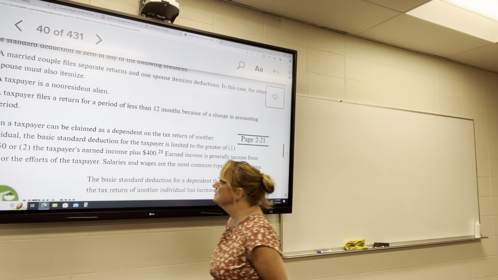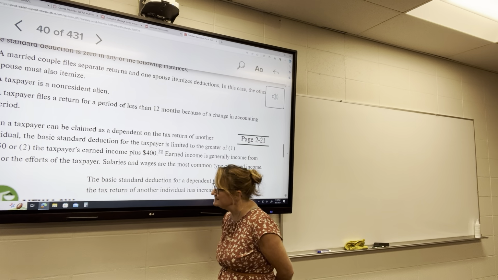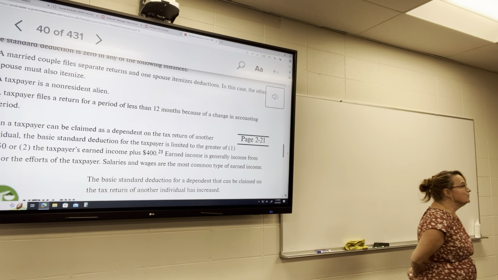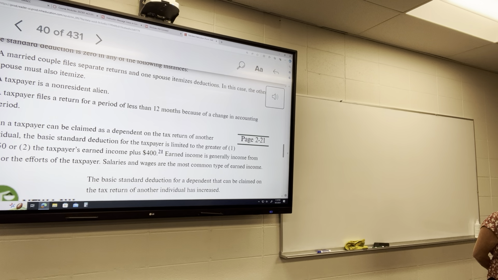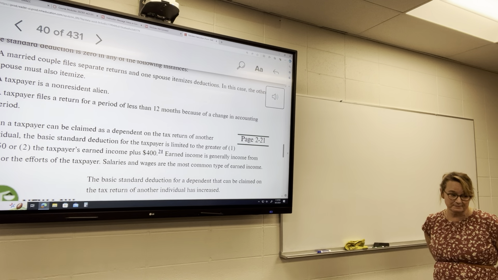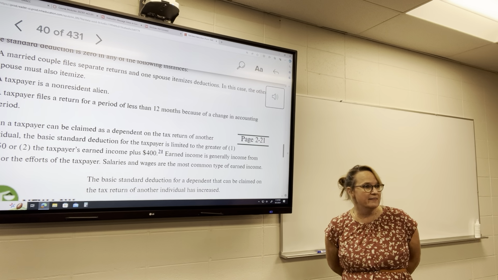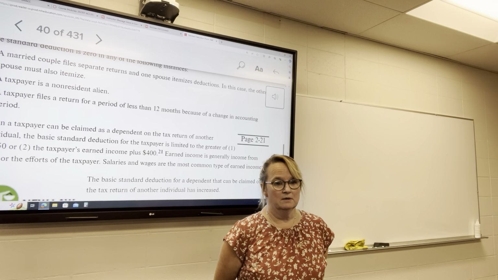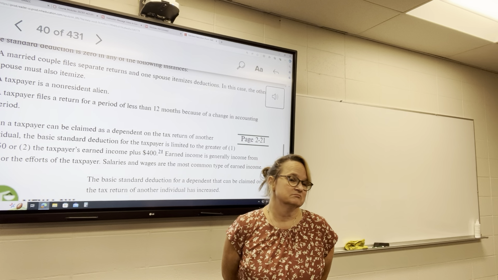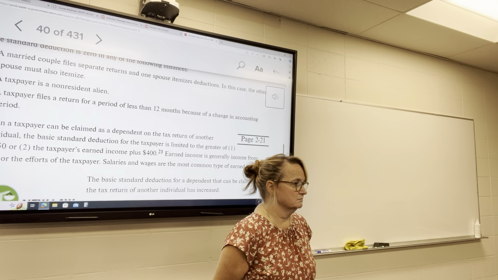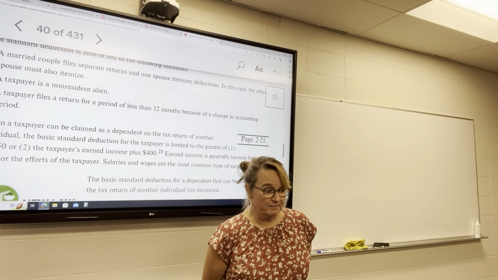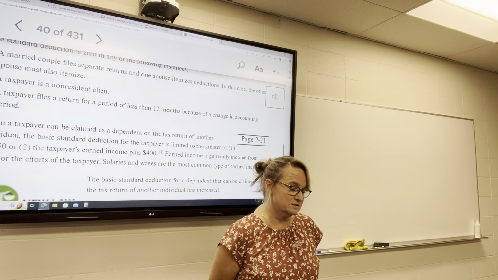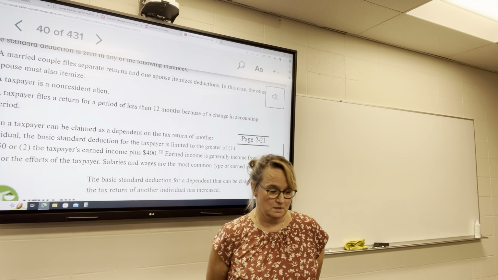So we talked a lot about dependents, and think for a minute. You have a high school kid who is obviously still dependent on your tax return, but they have an after school job or a summer job, and they made $12,000 during the year. They probably have to file their own tax return. That does not mean that they can't still be your dependent, though.